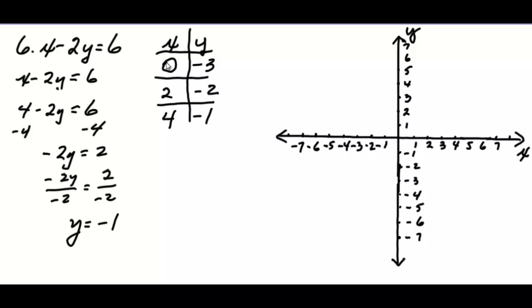So let's take a look at our points here on our graph on the right. If x is 0, y is negative 3, that puts it down here. If x is 2, y is negative 2, so out 2 but down 2 puts it here. And then if x is 4, y is negative 1, which puts it right there.